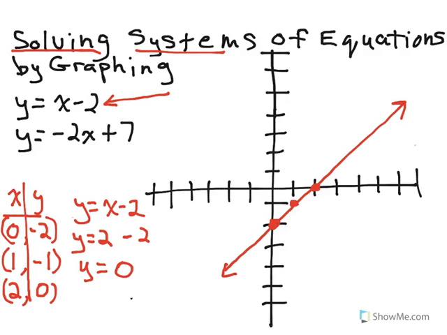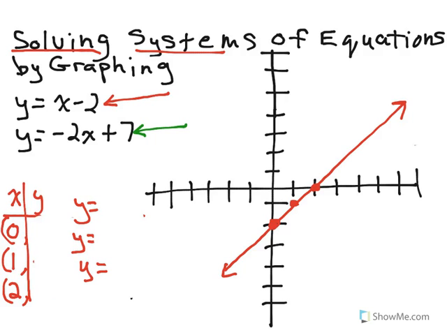Now let's graph the second line. y equals negative 2x plus 7. Again, we pick values for x, such as 0, 1, and 2, and we replace them in the equation for x and solve for y.